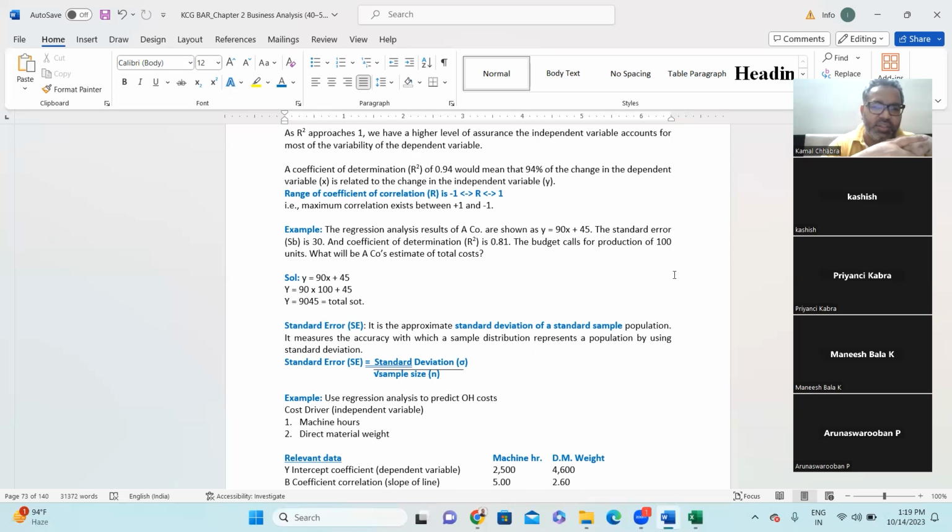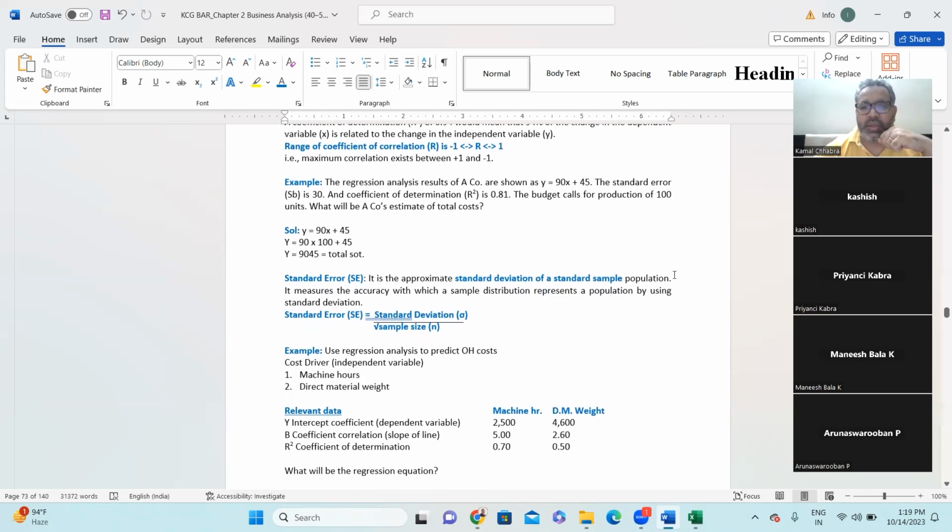Example of regression analysis: a company's regression results are shown, y is equal to 90x plus 45, right? The standard error is 30, and the coefficient of determination is 0.81.